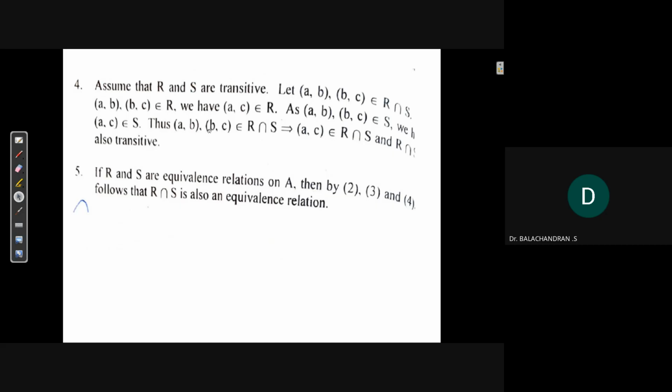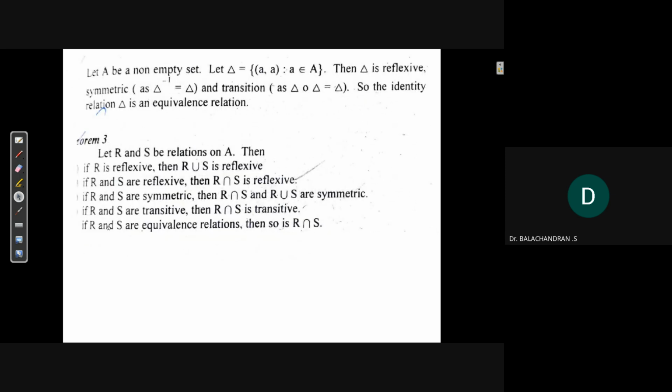Thus (A, B), (B, C) in R intersection S implies (A, C) in R intersection S, and hence R intersection S is transitive.